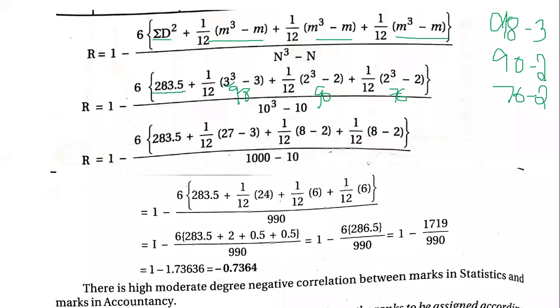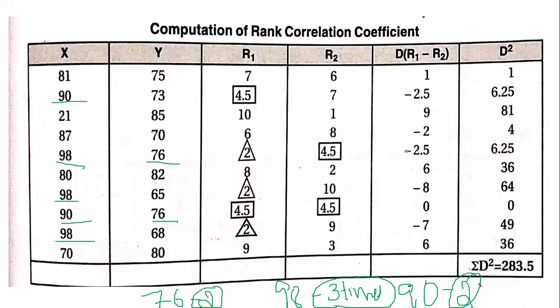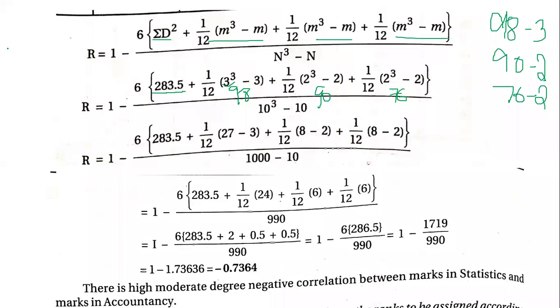N is nothing but the number of data. How many data do we have? We have 1, 2, 3, 4, 5, 6, 7, 8, 9, 10. These are not ranks. I'm just counting the number of data. So n value is equal to 10. So 10 cube minus 10.